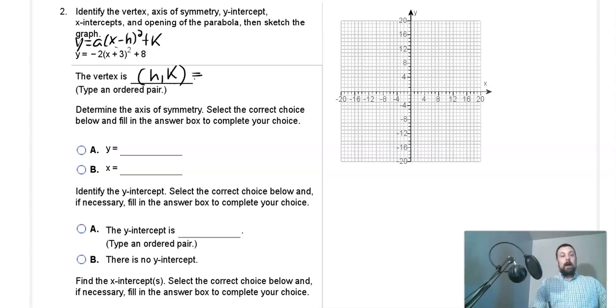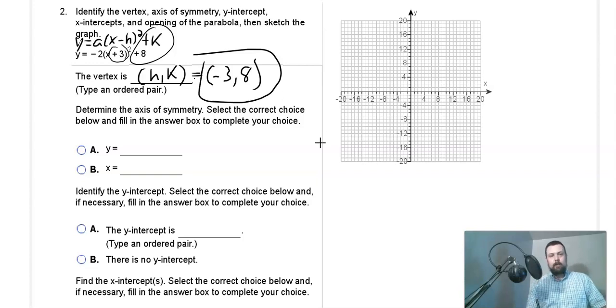Remember, h will be the opposite sign of the number being added or subtracted to x. This is a plus 3, so h is negative 3. That plus 3 actually shifts the graph to the left 3, and so the vertex will be at negative 3. k keeps the sign of that number, so plus 8 means k is positive 8, and so my vertex is at negative 3 comma 8. I can go ahead and plot that point.